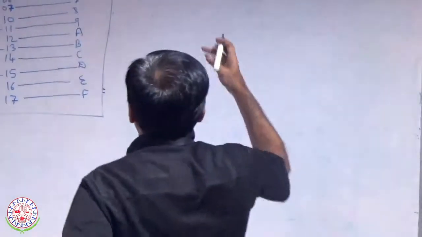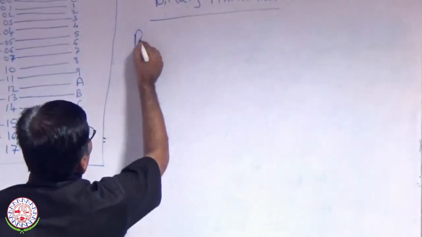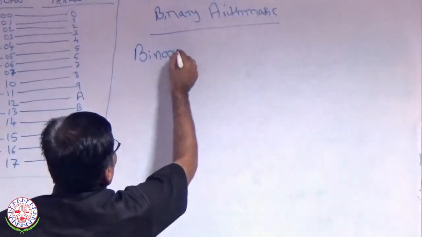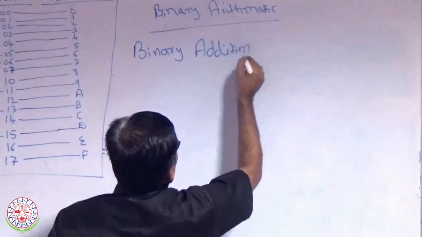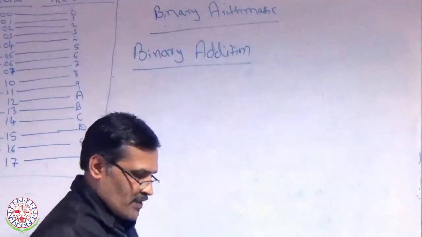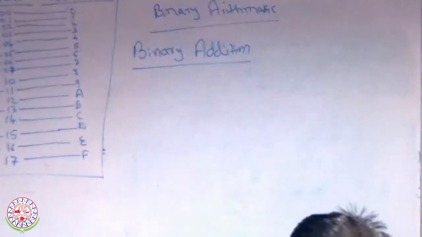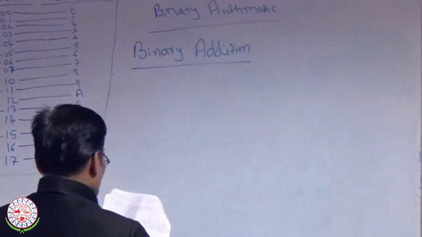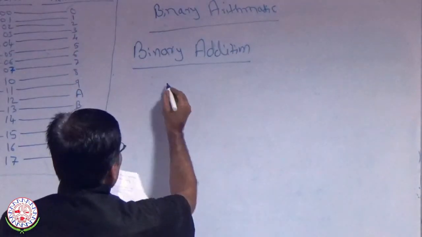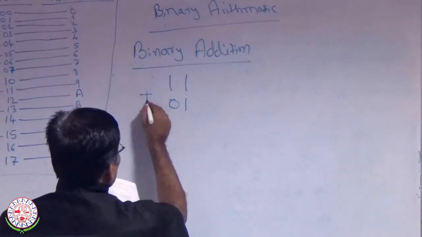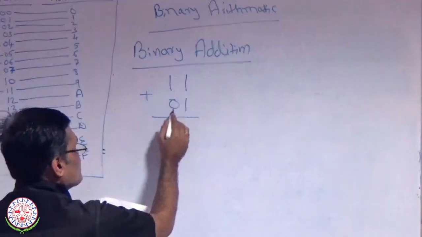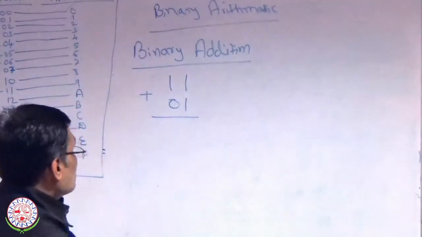So how to perform a binary addition operation. Let us consider the numbers 1101 and 1101.